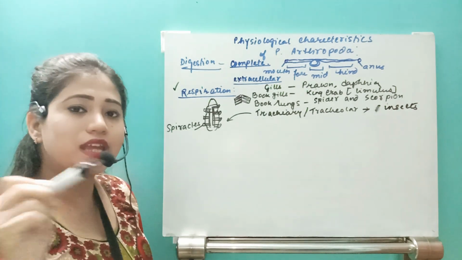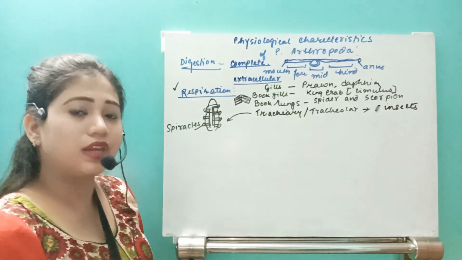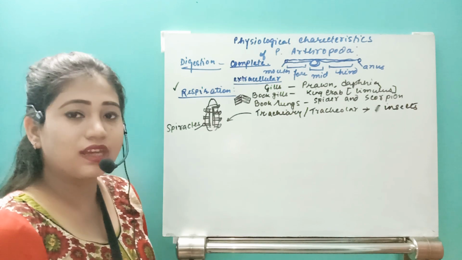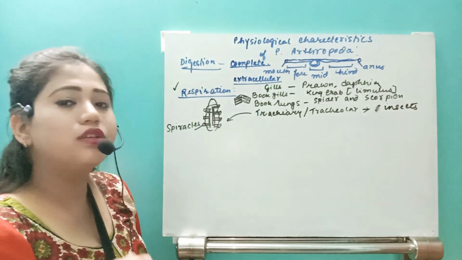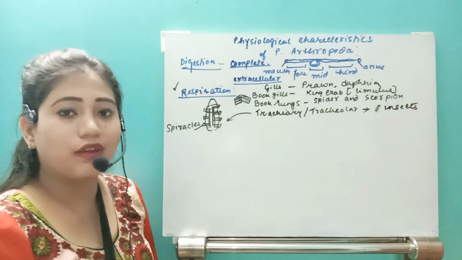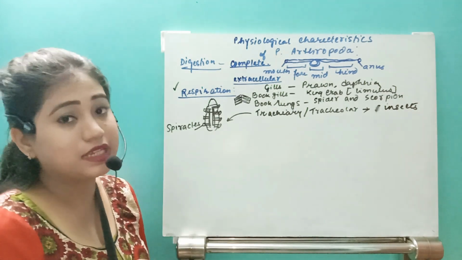That means they are taking the atmospheric air directly into their body without the help of any intermediate circulatory system. So they do not take the help of the circulatory system, that is blood, and are able to take the gas directly from the environment with the help of the tracheary or tracheolar system.